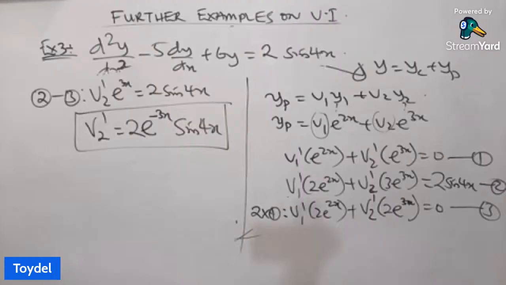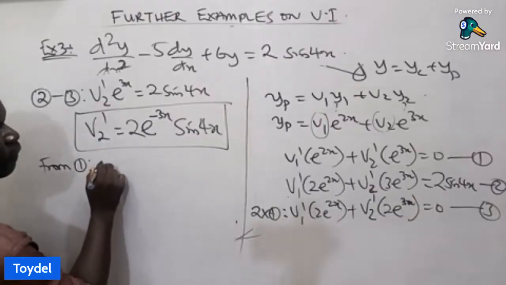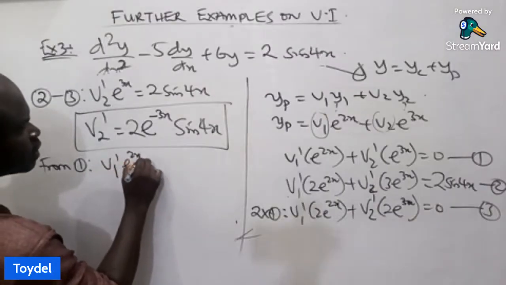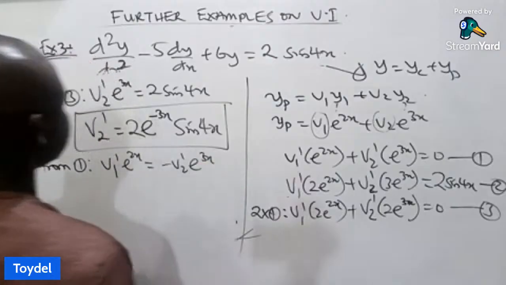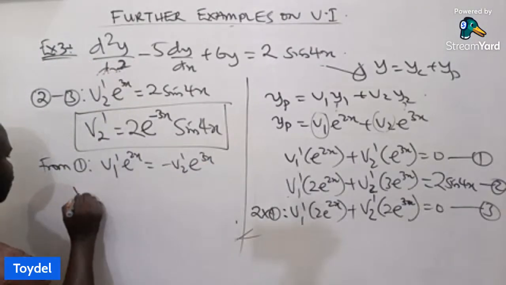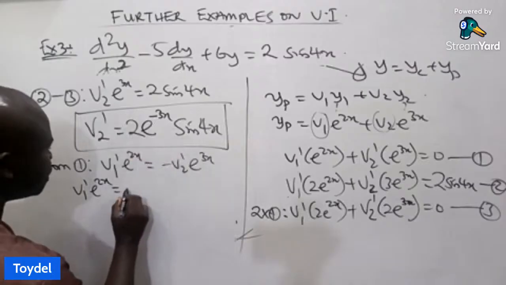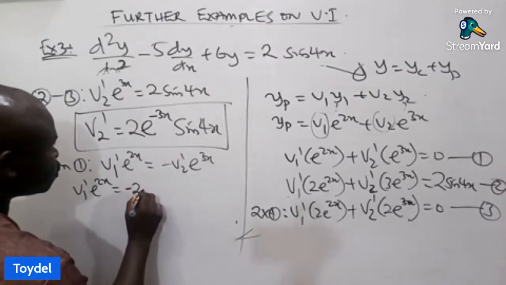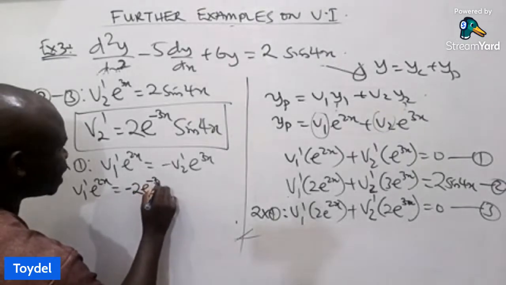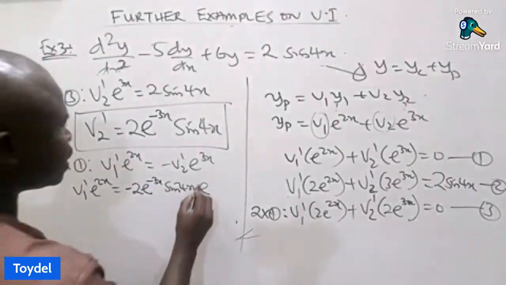We say from equation 1, v1 prime e^(2x) can be equal to minus v2 prime e^(3x). And we know the value of v2 prime. So v1 prime e^(2x) is equal to minus 2 e^(-3x) sine 4x times e^(3x).